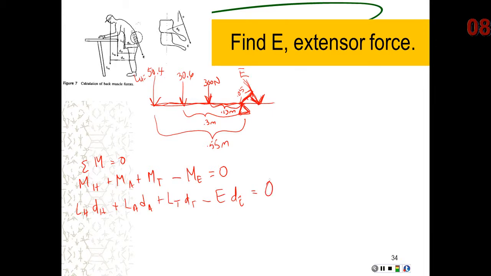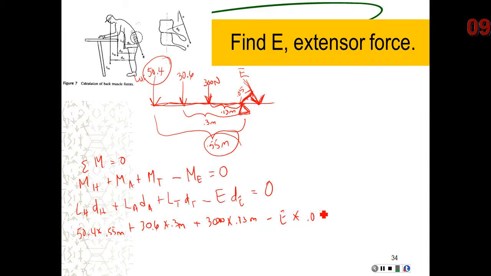We plug in all our knowns. Our load of the head is 50.4 newtons times the distance of 0.55 meters, plus the load of the arms is 30.6 newtons times 0.3 meters, plus 300 newtons times 0.13 meters, minus E times 0.05 meters is equal to 0.